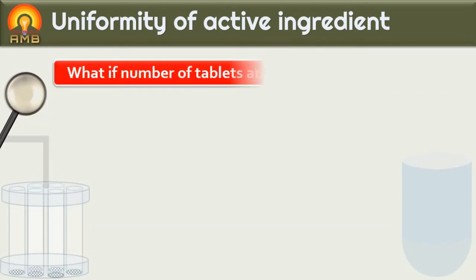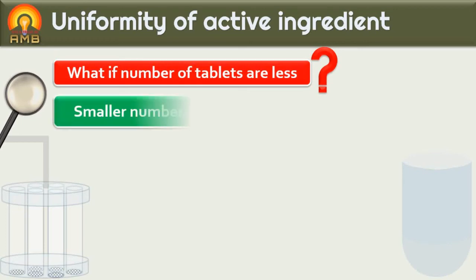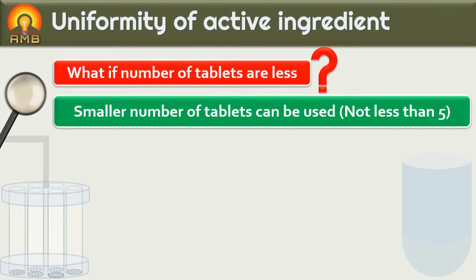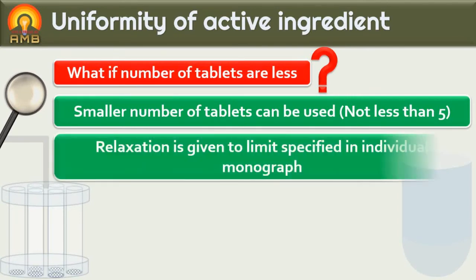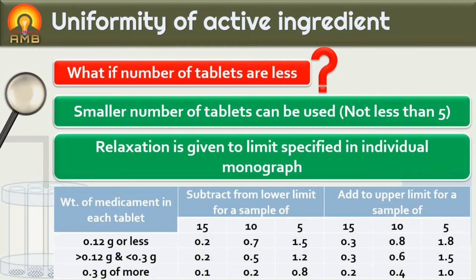If the number of tablets is small and we are unable to obtain 20 tablets for the test, then a smaller number of tablets, which must not be less than 5 tablets, can be used for the test. In such cases, a relaxation is given to the limit specified in the individual monograph, as given in the table. Let me elaborate.